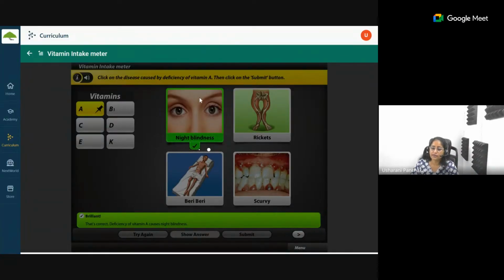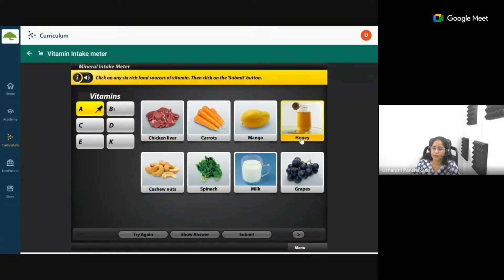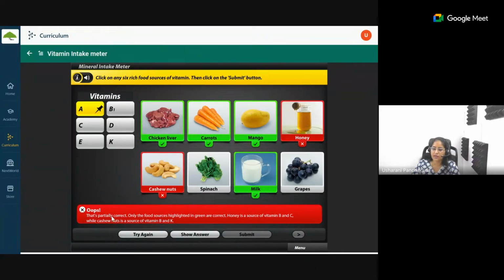And then you need to identify the different food sources of vitamin A, it can be milk, it can be leafy vegetables, etc. Select 6 rich food sources of vitamin A. If I click on all these items, the submit button comes. Here a reflection part is also seen.